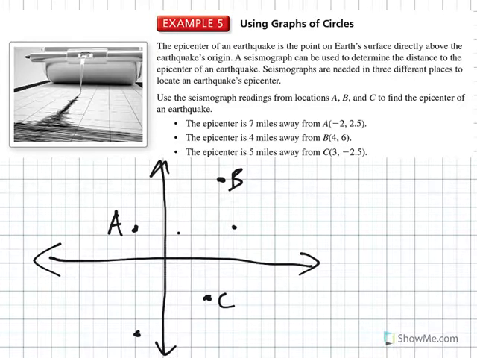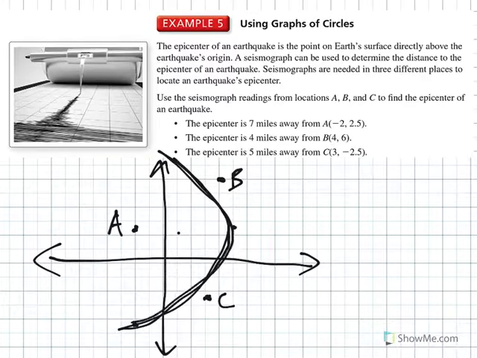Something like this, although it would actually be a little bit further up. We would have a circle with an arc going this way. Like I said, we're approximating this. My circle obviously is not beautiful there. But we would have this circle going all the way around A with a radius of 7.